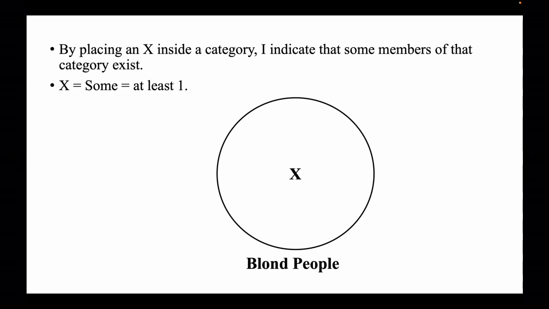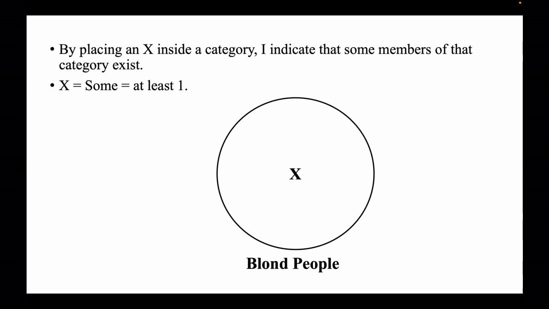What I mean is that in this container, I have all the blonde people that exist. Now, when I place an X inside any category, in this case the category of blonde people, I diagram something very specific. And that is that there exist some blonde people in my category.